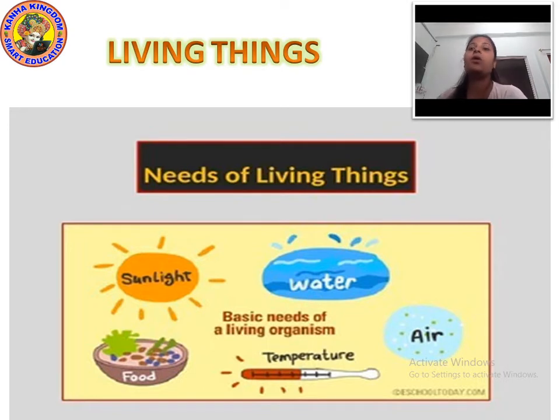Living things also need sunlight. Living things need food, water, air and sunlight.